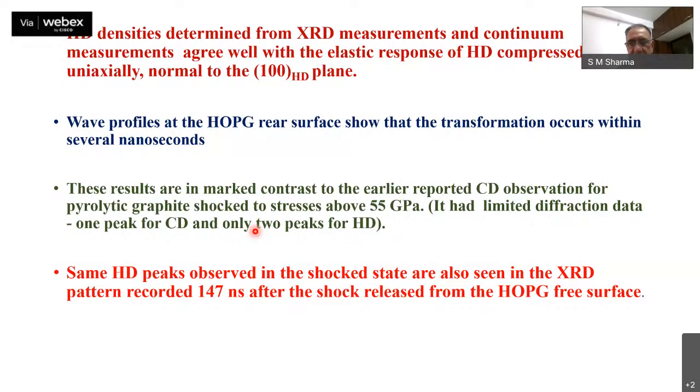I think the reconciliation of these two results is that they saw very limited diffraction data and misinterpreted some of the features. For example, they had only one peak, which they interpreted as a cubic diamond, and two peaks, of which one was very faint, as hexagonal diamond.